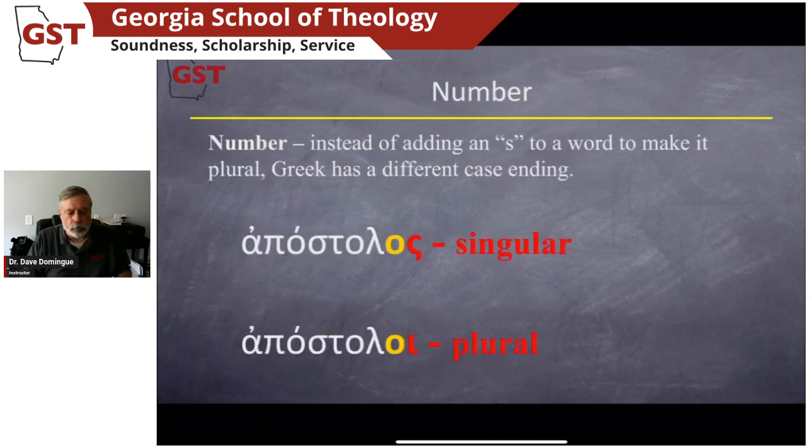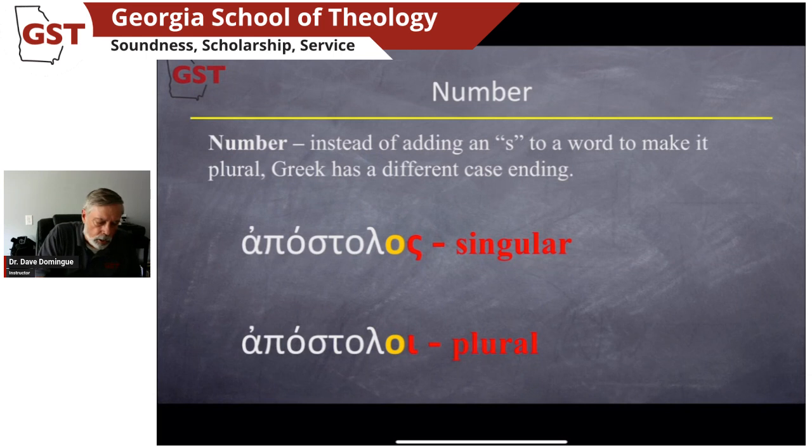So number, of course, is really just singular or plural. That's all we're dealing with. It's not 1, 2, 3, 4, 5. It's singular or plural. And we again know that by our case ending. There are certain case endings that function as the nominative singular and certain case endings that function as the nominative plural.